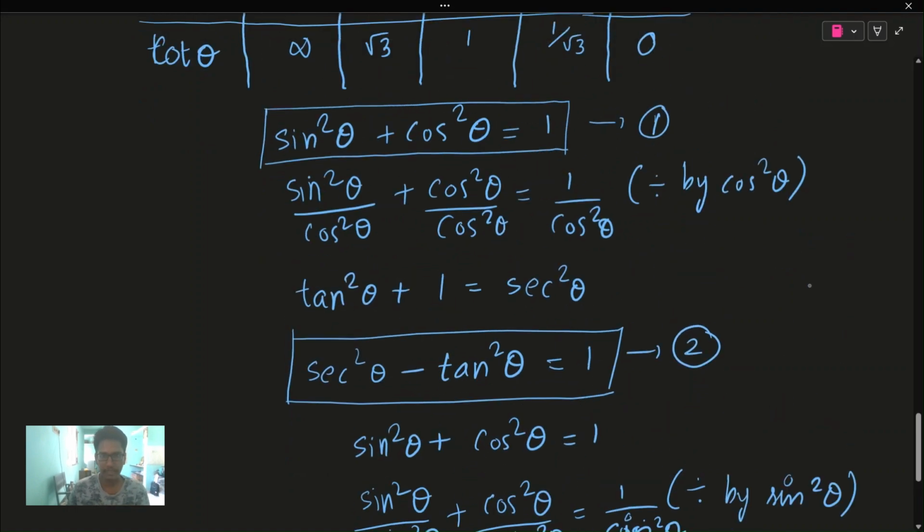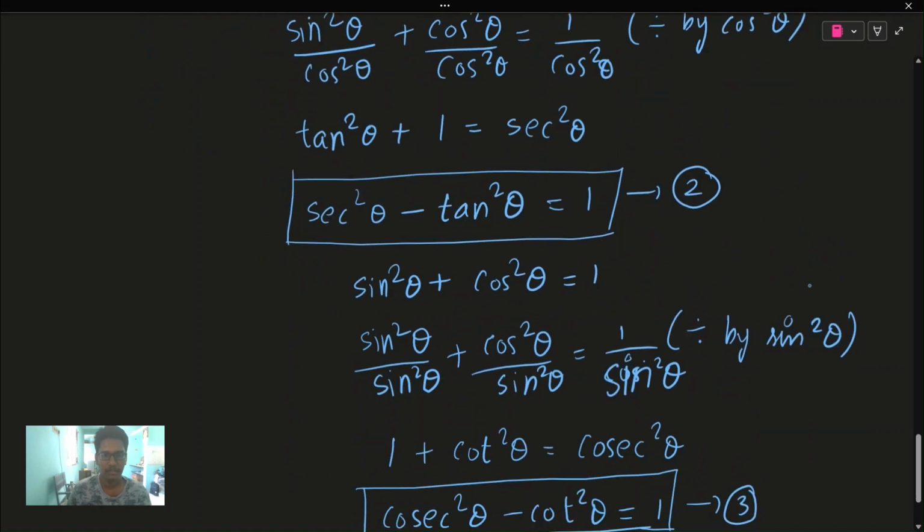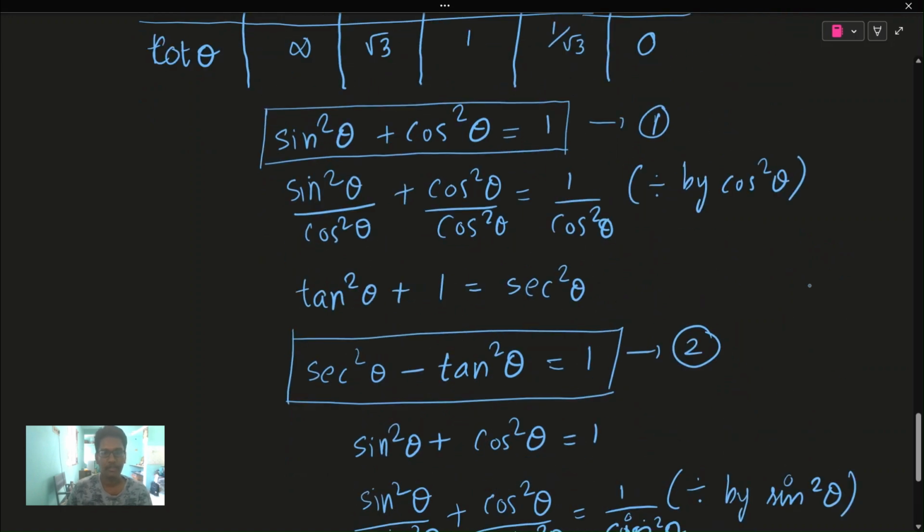So these are the three different primary relationships between sine square theta, cos square theta, and all those ratios. So we are able to derive three different ratios from a right angle triangle, which follows Pythagoras theorem as seen yesterday.